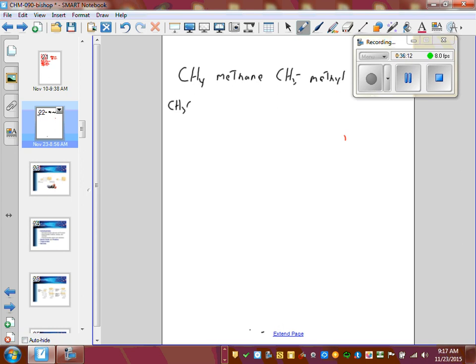CH3CH3, two carbons, is ethane. CH3CH2 attached to something else is called ethyl. CH3CH2CH3 is propane.